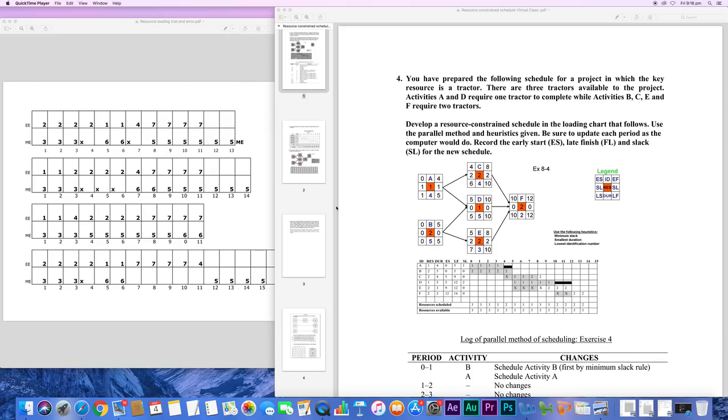Resources can be people, materials, or equipment. Every project can be time constrained or resource constrained. In this video, we'll be talking about resource constrained projects only. We will not be covering leveling resources.